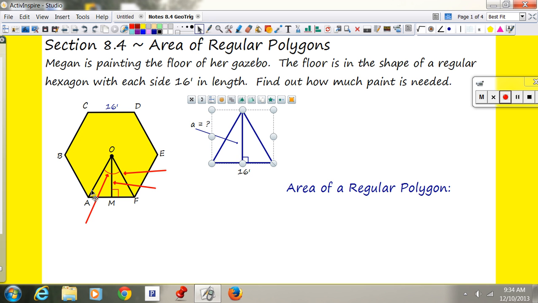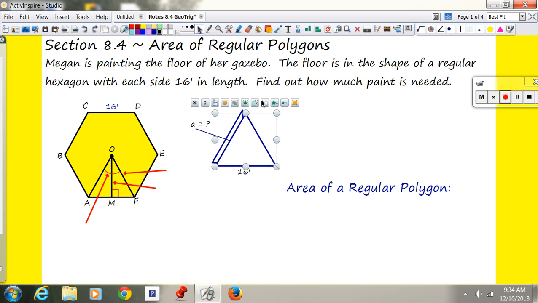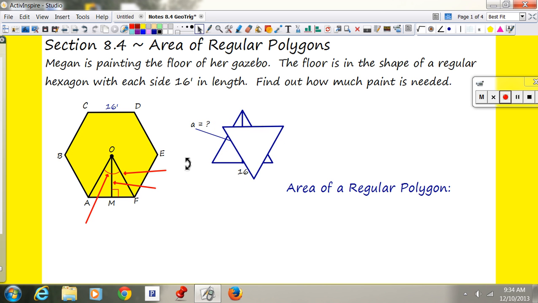In a regular hexagon, that's going to be an equilateral triangle. But if I was to duplicate that and turn it sideways a little bit, since it's equilateral, I can put it like this. And I can make that into a parallelogram with 2 of them.